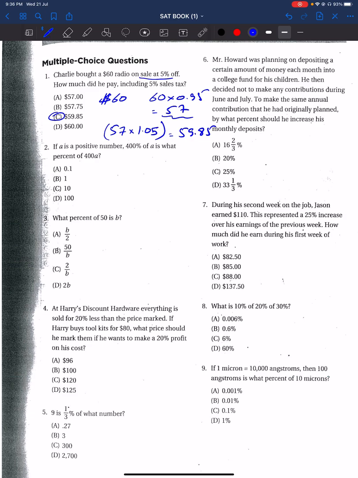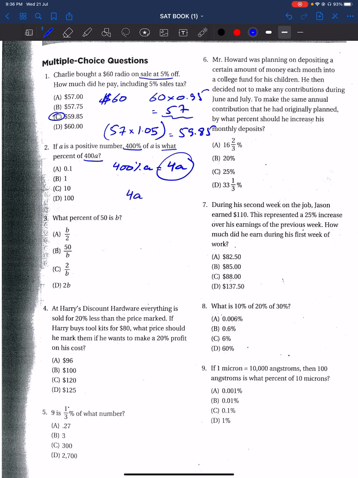Okay. Next, number 2. If A is a positive number, 400% of A is what percentage of 400A? So 400% of A is equal to 4A. Now, what is this value as a percentage of 400A?